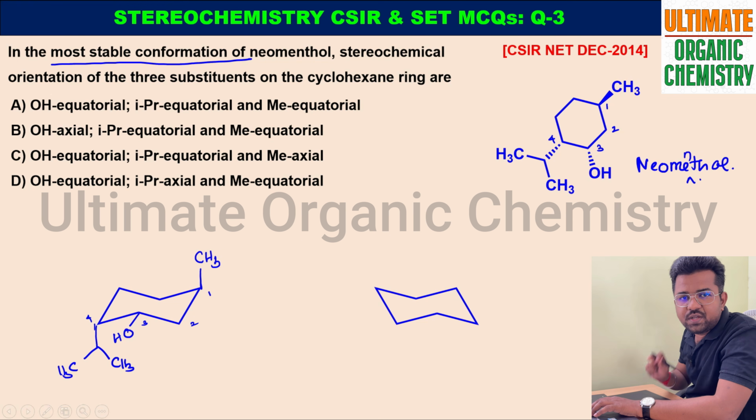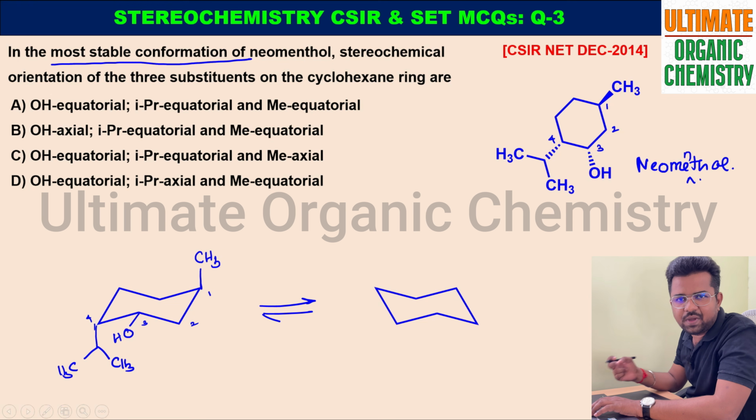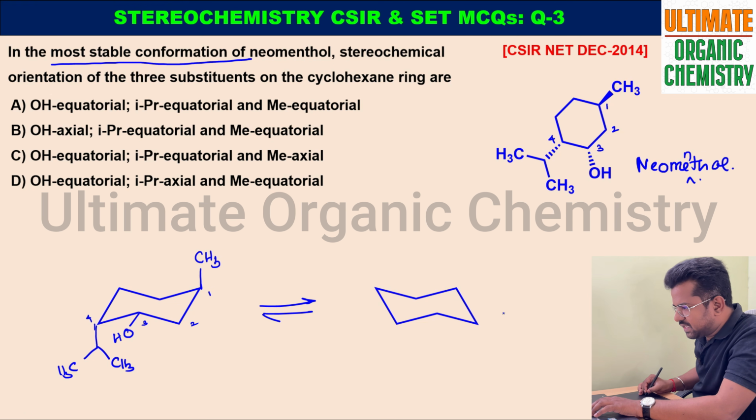So that means you need to perform ring flipping of this chair form. So during ring flipping, the axial groups are converted into equatorial, and equatorial groups will be converted into axial. So this is carbon number 1, this is 2, 3, 4.